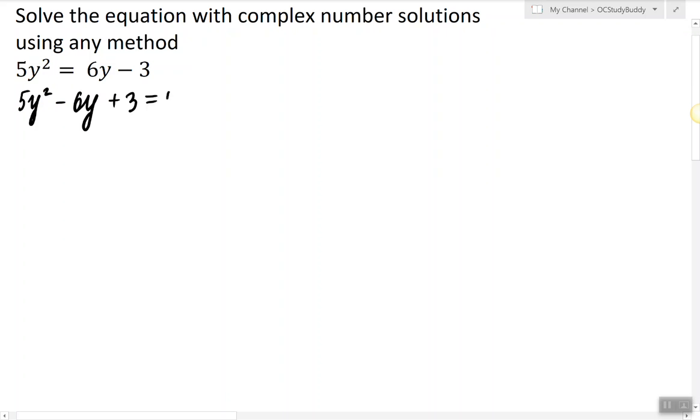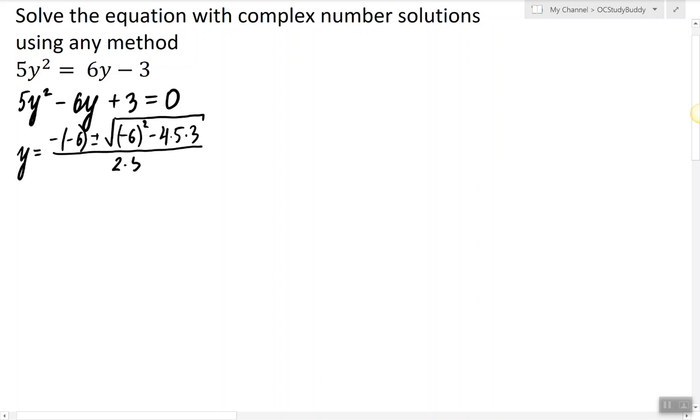So in order for me to use the quadratic formula, I'm going to isolate this quadratic trinomial on one side and set it equal to 0. Now, after I identify my coefficient a as 5, coefficient b as -6, and coefficient c, I'm going to plug those numbers into the quadratic formula. So I have -(-6) plus minus square root of (-6) squared minus 4 times 5 times 3, and we divide it by 2 times 5.